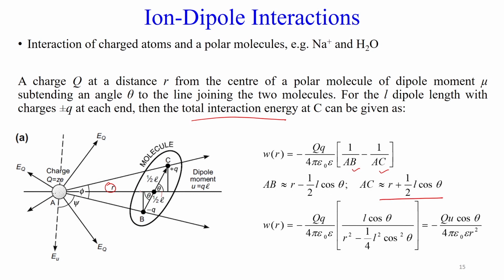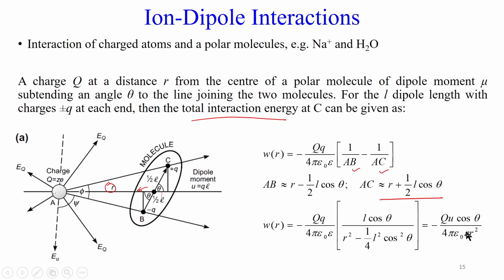Similarly, for AB we will write r minus 1 by 2 L cos theta, since this is coming towards the minus side. If you put the values here, we will get minus q small q over 4 pi epsilon naught epsilon, L cos theta divided by r squared minus 1 upon 4 L squared cos squared theta.